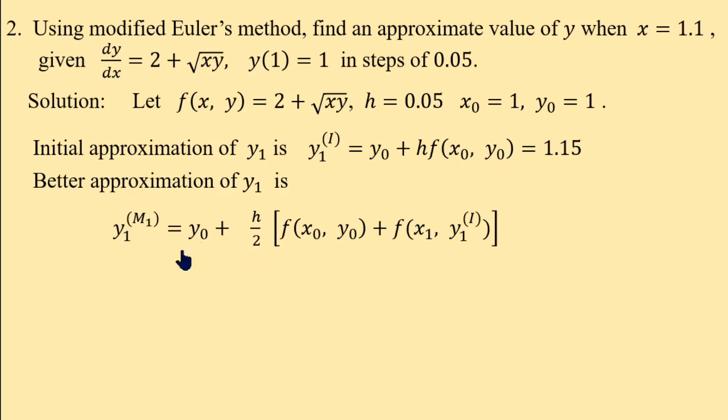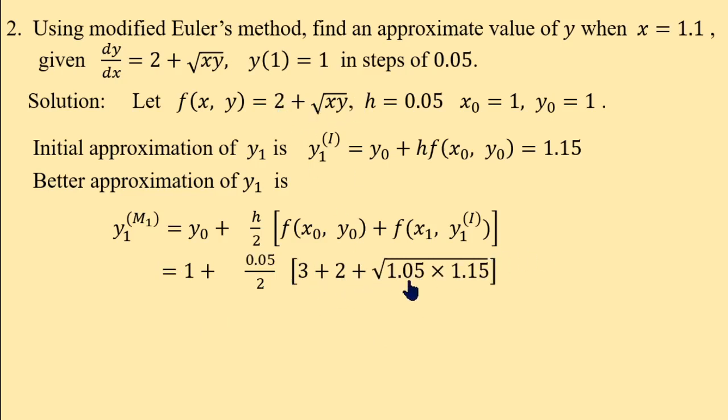Substitute carefully. y naught is 1 plus h, 0.05, divided by 2, bracket open, f of 1 comma 1, x naught is 1, y naught is 1, f of 1 comma 1 is 3, plus f of x1 comma y1 initial, that is 2 plus root of x1, which is 1.05, into y1 initial value 1.15. And hence it is 1 plus 0.05 by 2 into (3 plus 2 plus root xy).